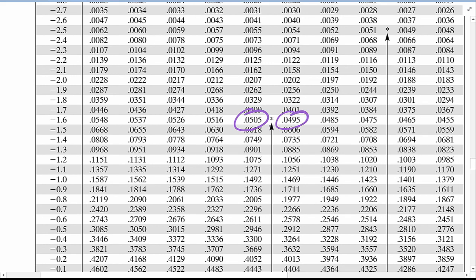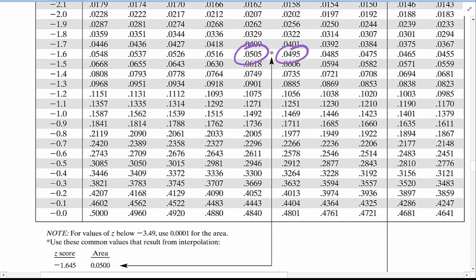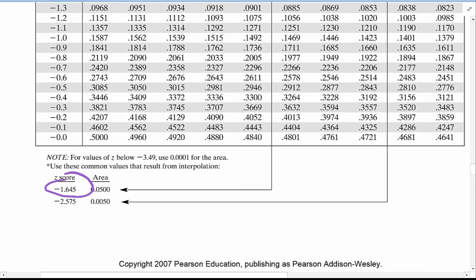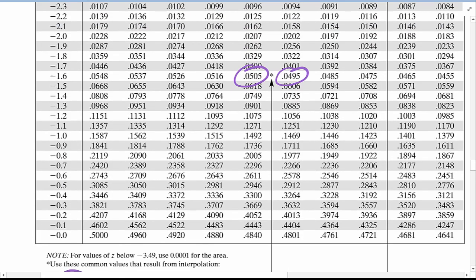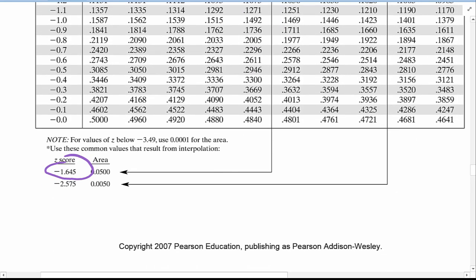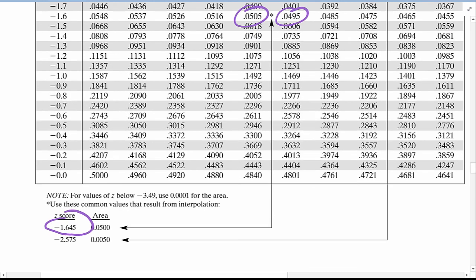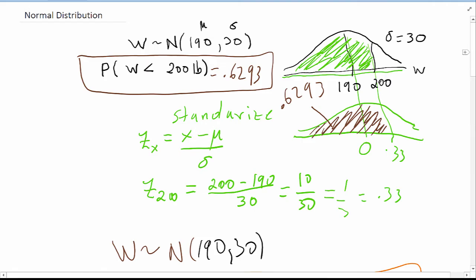So right here they're indicating with this arrow that the value that we're going to use is this one, negative 1.645. So for that particular z value, we're going to use negative 1.645, right? So that is the value.